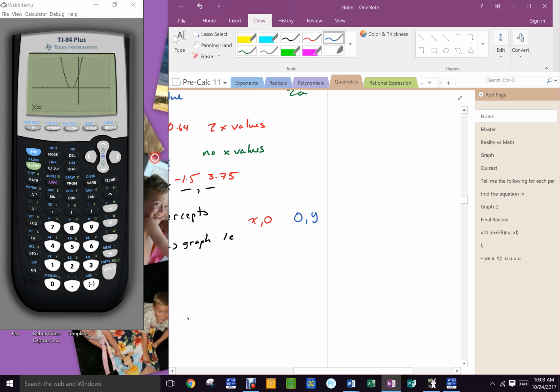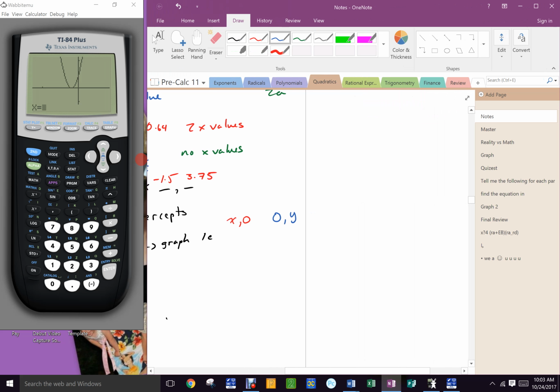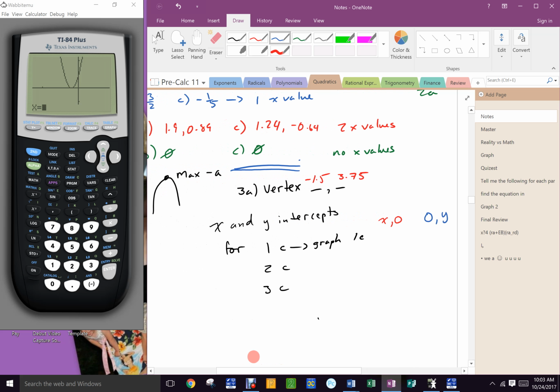This isn't a tough question, guys. The Y-intercept. The X value is 0, yes? This calculator is asking me for an X value. What will I punch in? 0. And then enter. So what is the Y value, the Y-intercept? 1, because when X is 0, Y is 1.